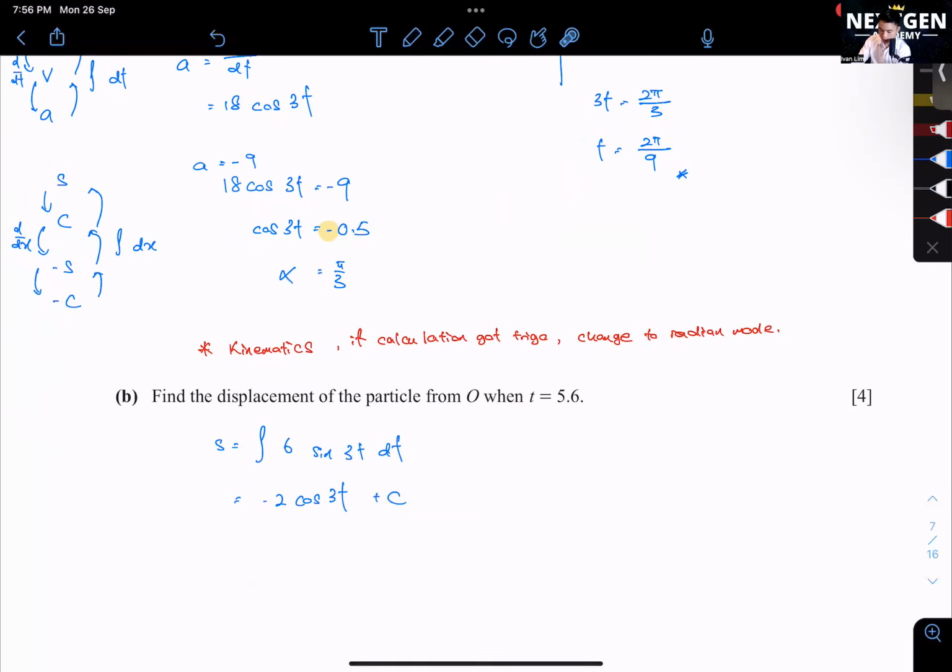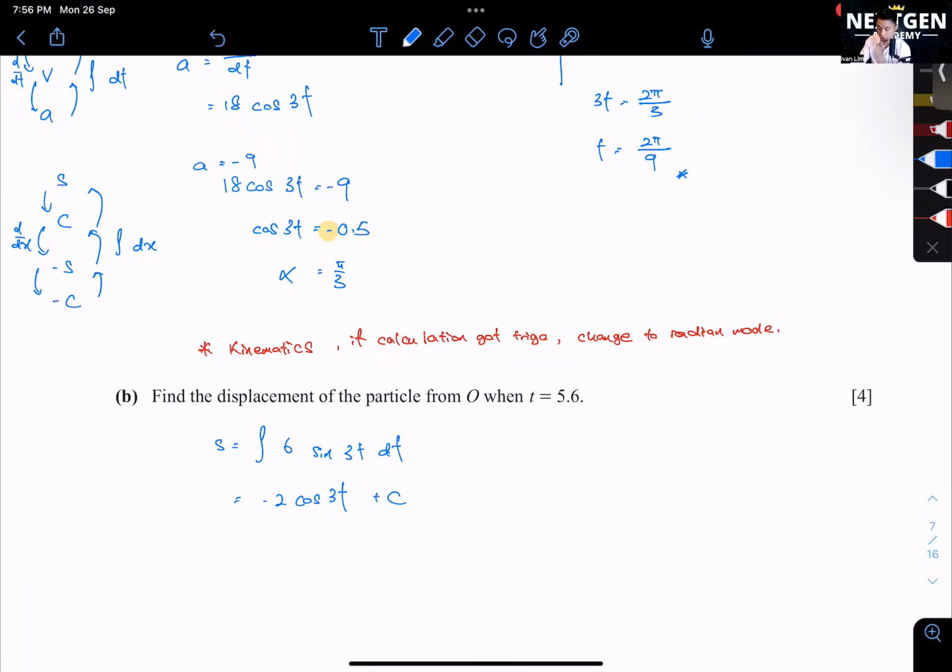Sine, when I integrate, goes to negative cos. Then for the 3, it's not multiply by 3 because we are doing integration, so it's divide by 3. And make sure you do the plus c.